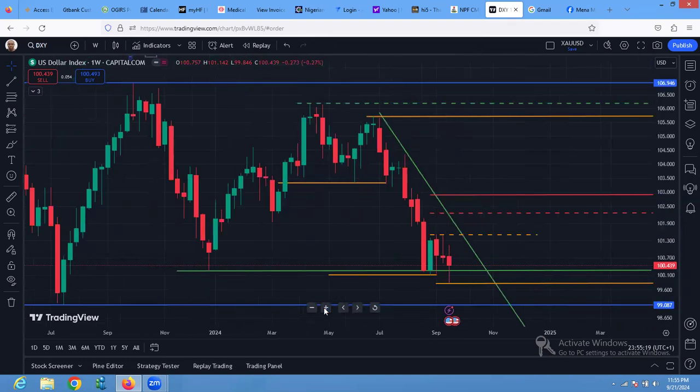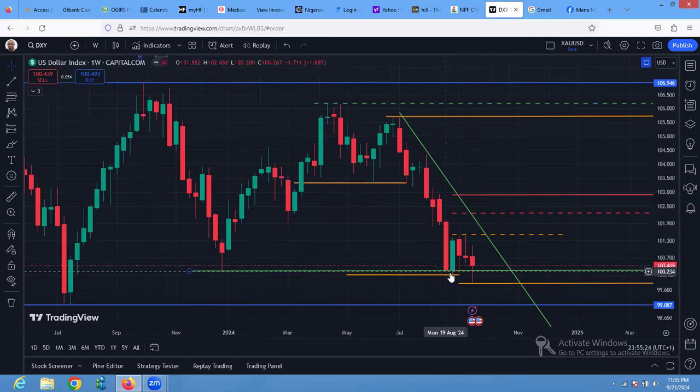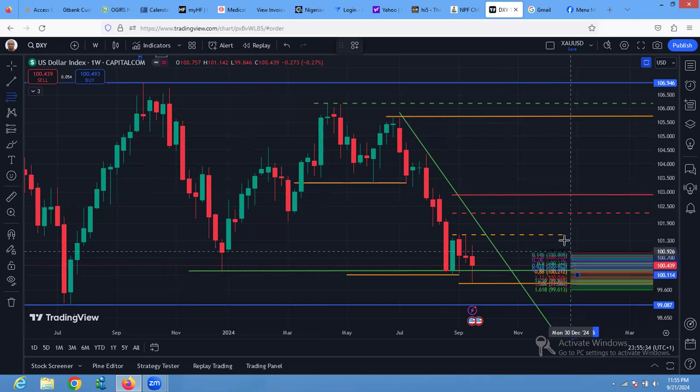Now, what we know about wave 5, you will think that wave 5 to the downside would be limited and this can quickly change.